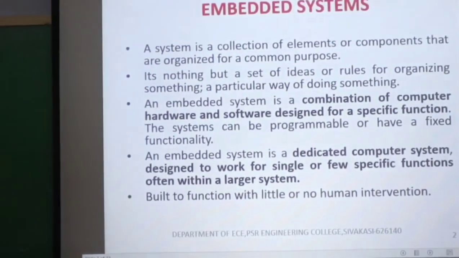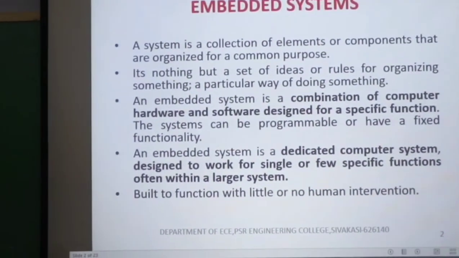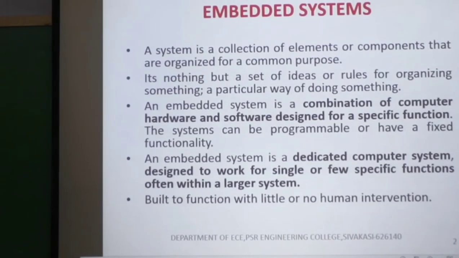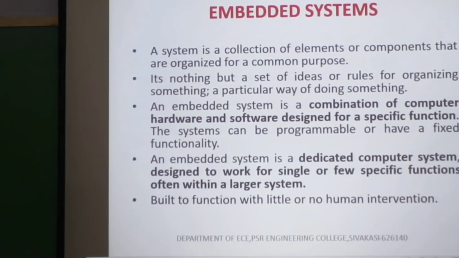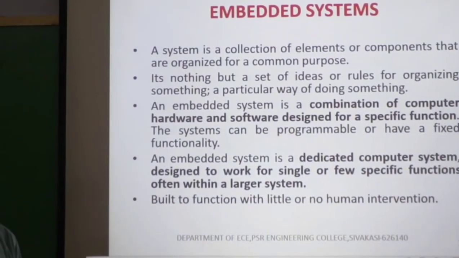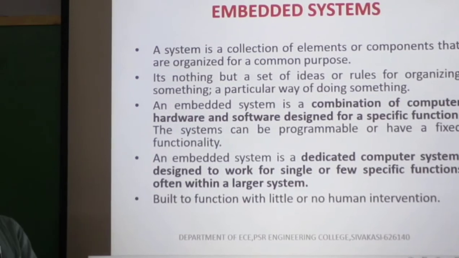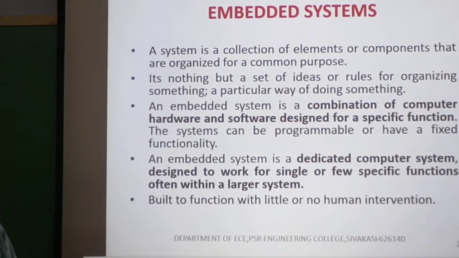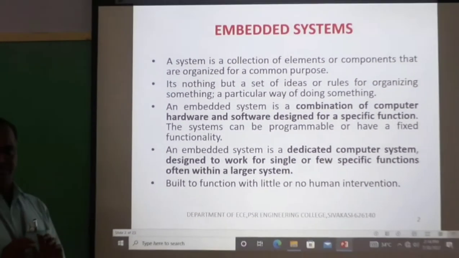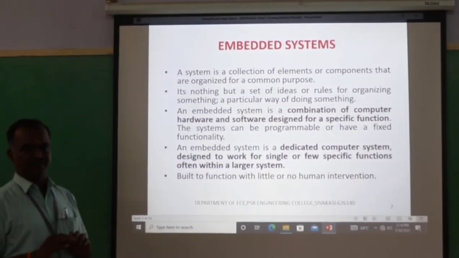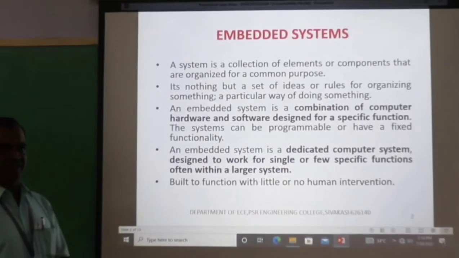It may often be part of a larger system. It may be built to function with little or no human intervention. So that is the meaning of an embedded system. It's a combination of software and hardware. We give some application oriented software that is embedded in a hardware, and that is called an embedded system.